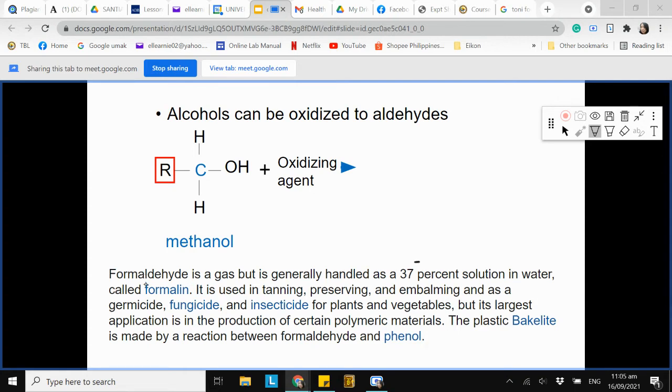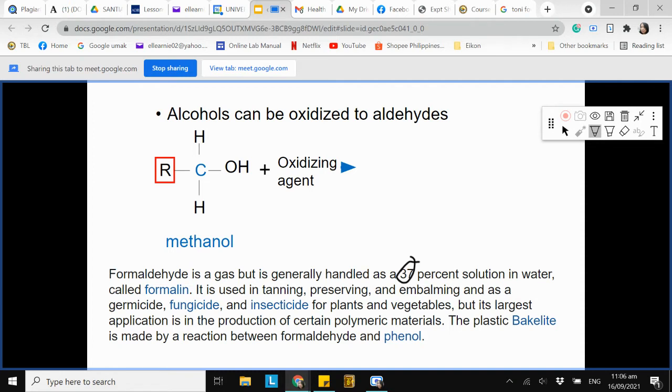So, 37%. Pag bumaba po sa 37%, madali pong mabulok yung katawan. So, usually, sa mga nag-iimbalsamo, nung nakakita kami doon sa med school noon, sa PLM, matapang po yung formaldehyde na ginagamit, nasa 40%.